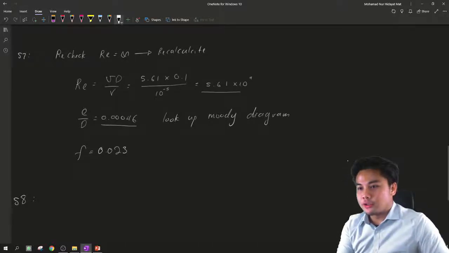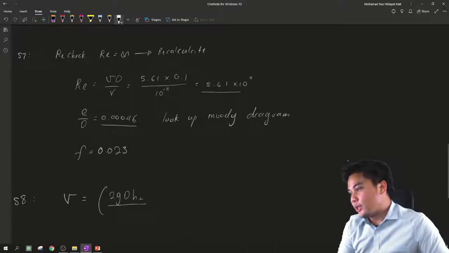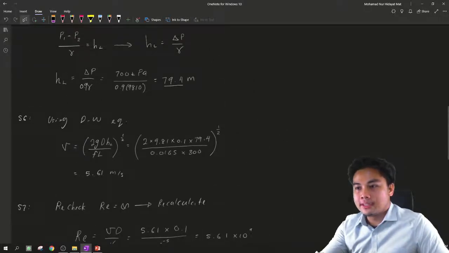You can get directly your new velocity using the Darcy-Weisbach equation, which is V equals the square root of 2gDhL over fL, because the head loss is the same, but the difference now is your F. Previously you used your assumed F, which was 0.0165.